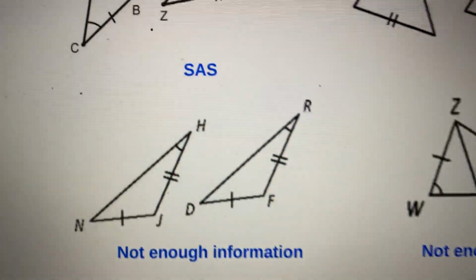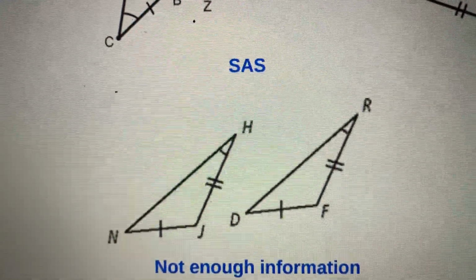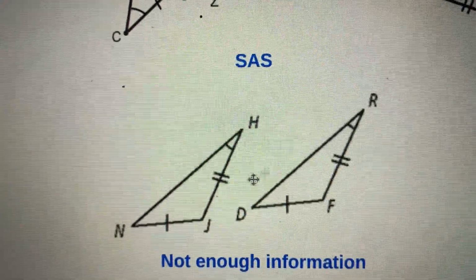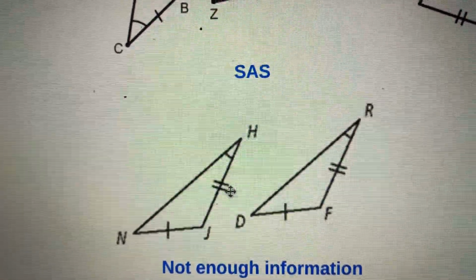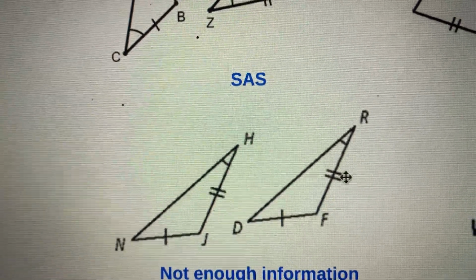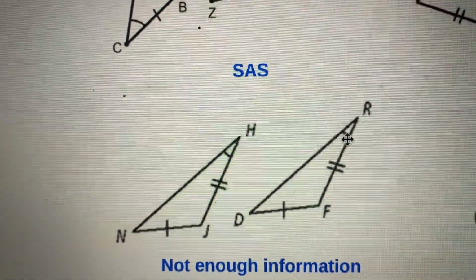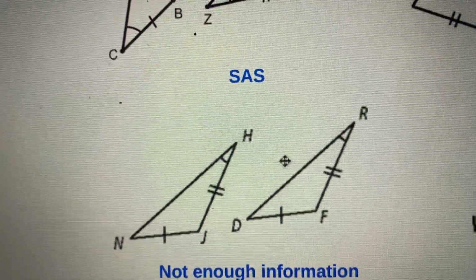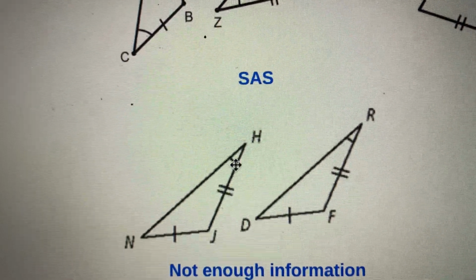So for this one, we have 2 congruent sides here. We have 1 mark here, 1 mark here, 2 marks here, 2 marks here. So we definitely have 2 sides that are congruent. We have 1 angle that's congruent, but notice that that angle is not in between the 2 congruent sides.